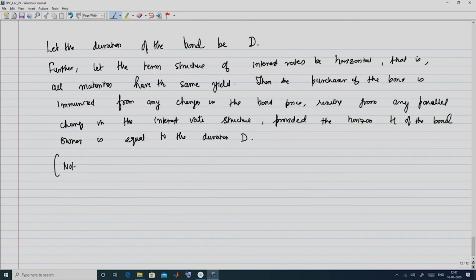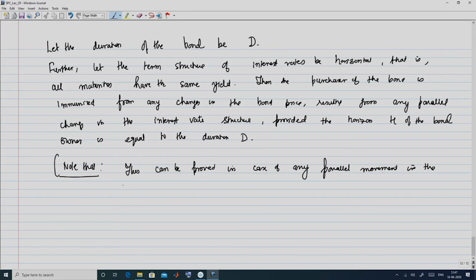So, now note that this can be proved in case of any parallel movement in the term structure of interest rates.